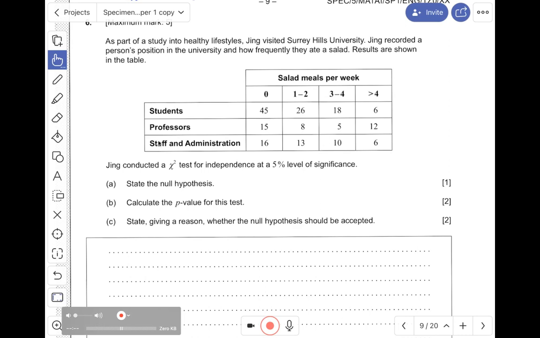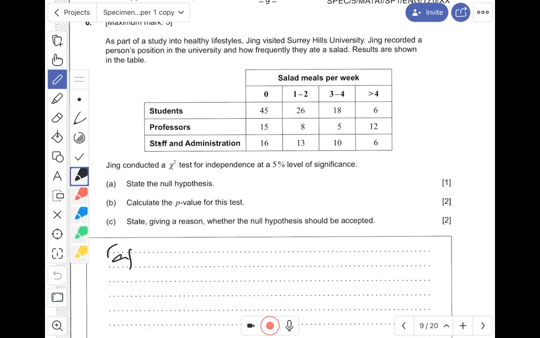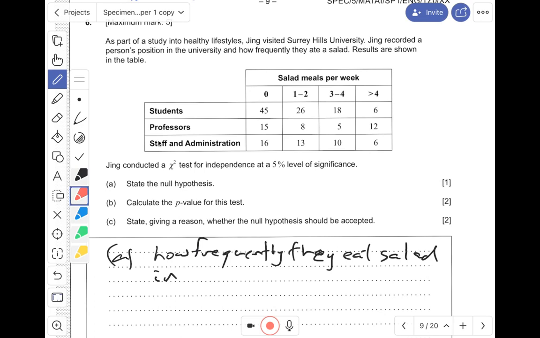I think the number of salads is independent. How frequently they eat salad, or frequency of salad eating, is independent of position in the university.